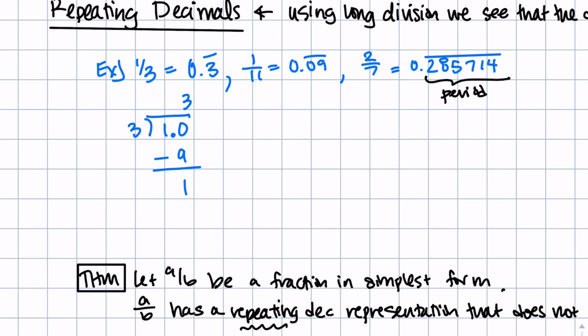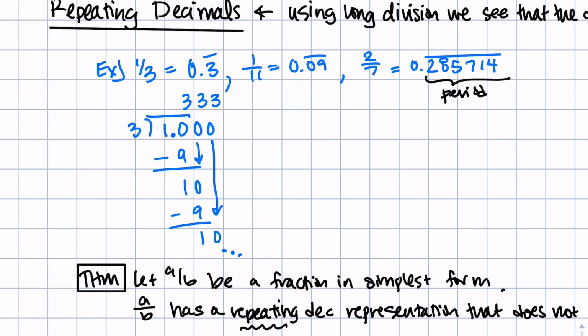I do the same thing again: add another 0, bring it down, and 3 goes into 10 3 times. I get 9, subtract, and get 1. Hopefully I'm noticing a pattern. That's not going to terminate. No matter how many times I keep doing this, I keep getting the same result: 3 goes into 10 3 times with a remainder of 1.